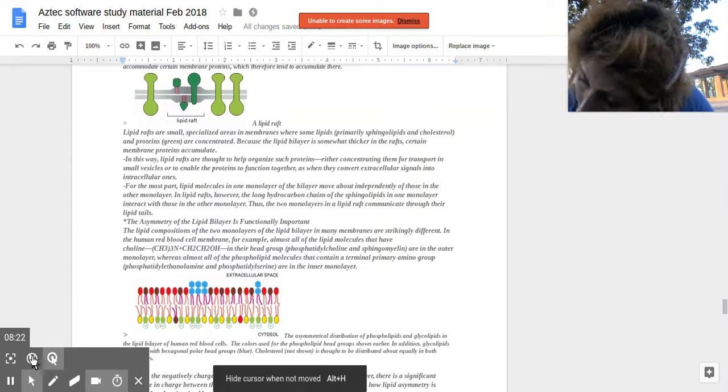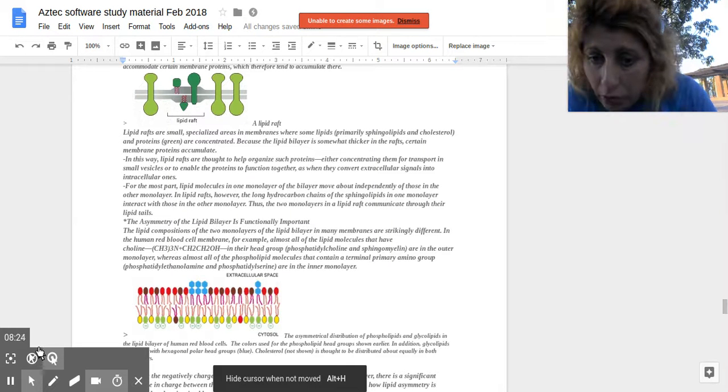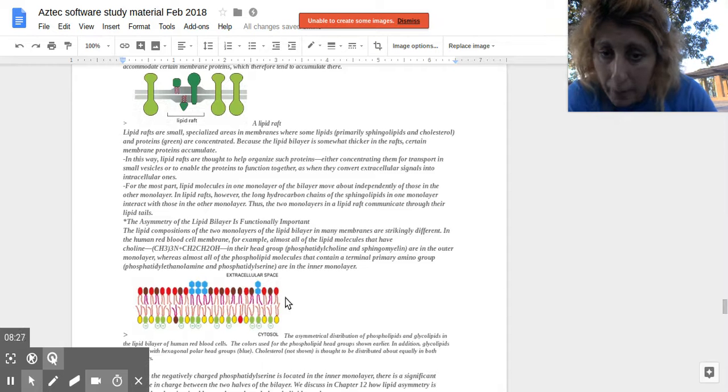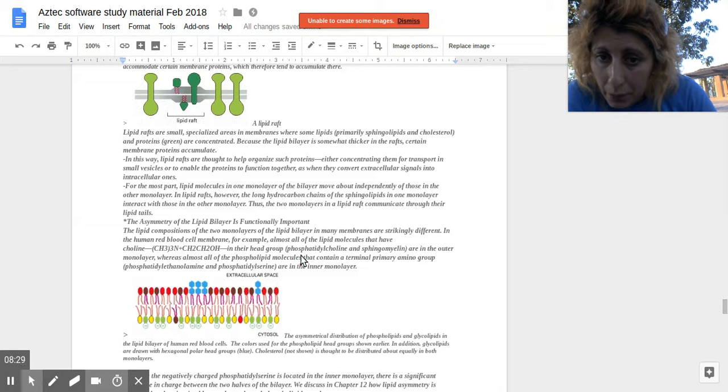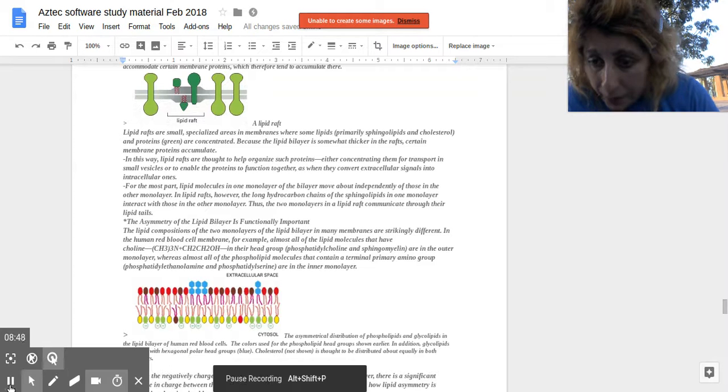Therefore, there's asymmetry in the outer and inner monolayer of the membrane. The outer monolayer contains phosphatidylcholine and sphingomyelin. The inner contains amino group containing molecules like phosphatidylethanolamine and phosphatidylserine. And glycolipids are on the outer monolayer.